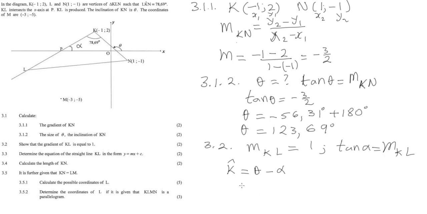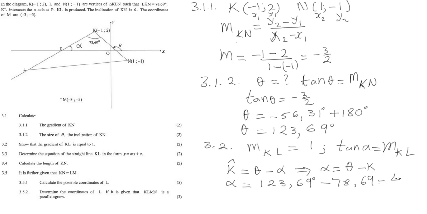So if you transpose, alpha will be theta minus K. Here we have 123,69, which is theta, minus this angle 78,69.